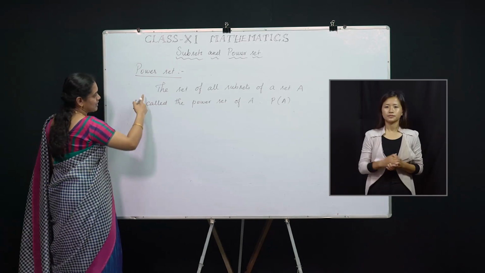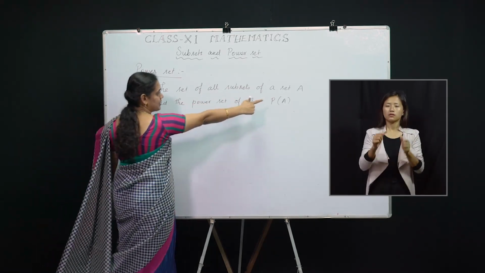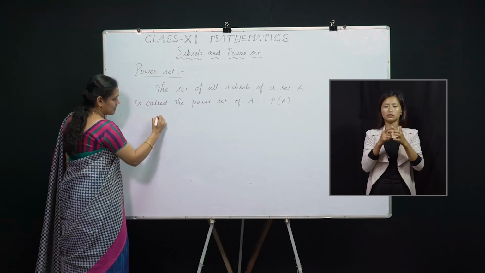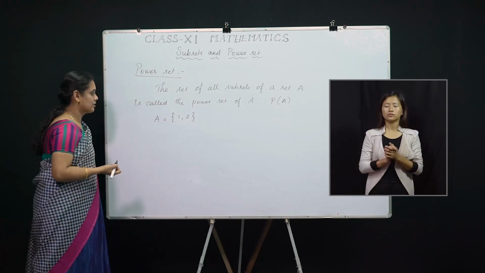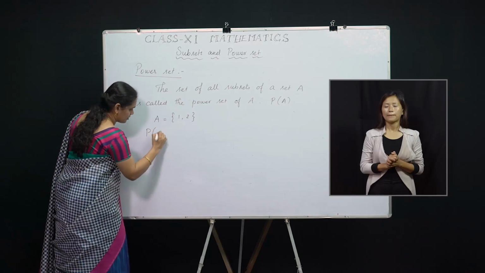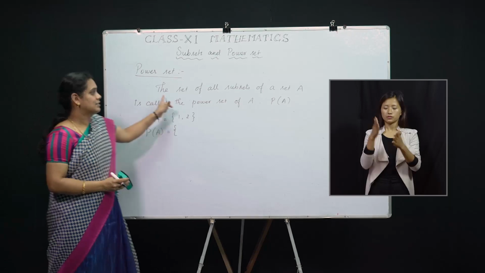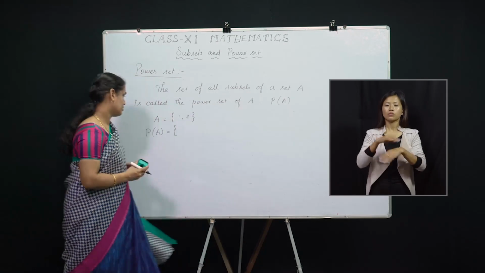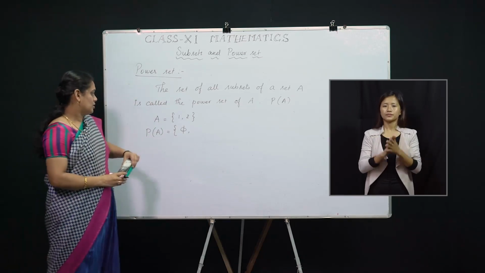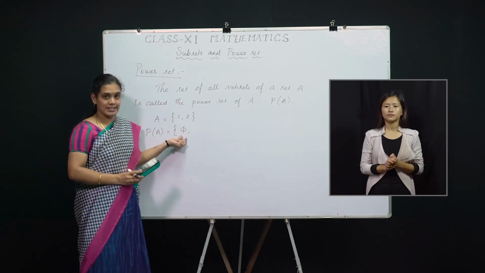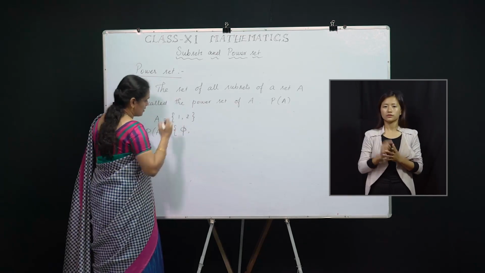Here for the power set: the set of all subsets of a set A is called the power set of A, and it is denoted by P(A). So let us take A as {1, 2}. Then let us write P(A), that is the power set. So what is the definition of the power set? The set of all subsets of A. The first one is phi, because we know that the empty set is a subset of every set, therefore phi will be the first subset.